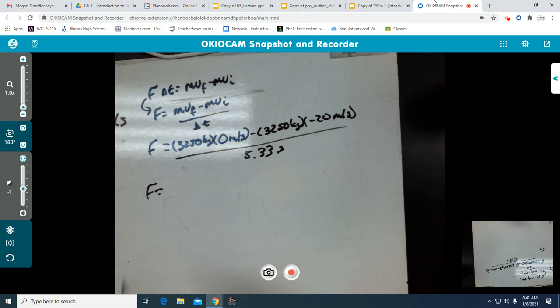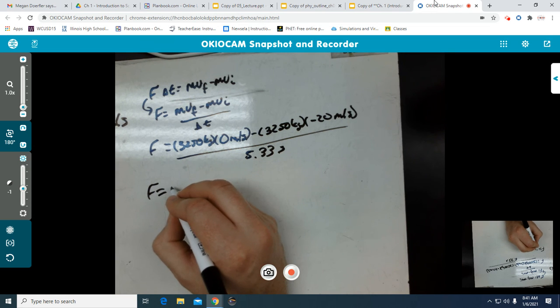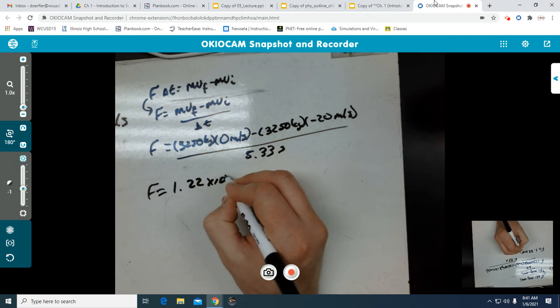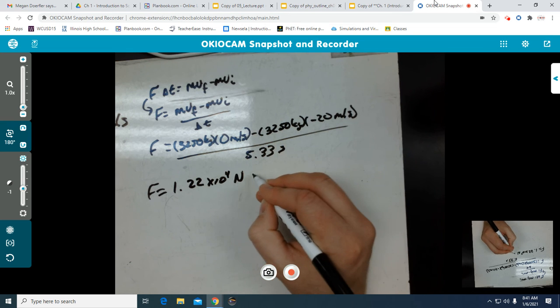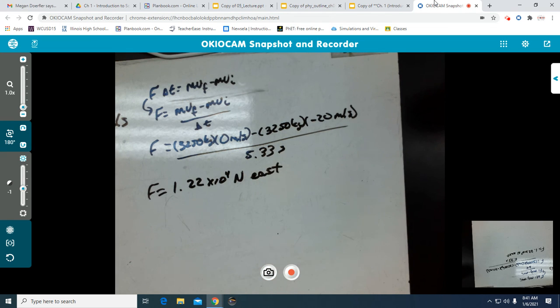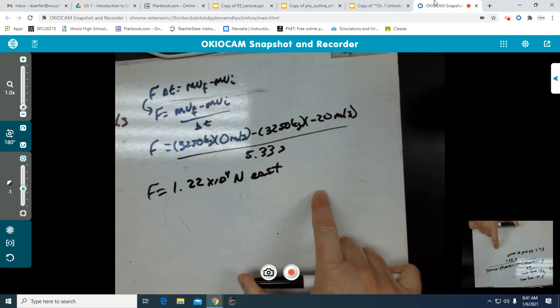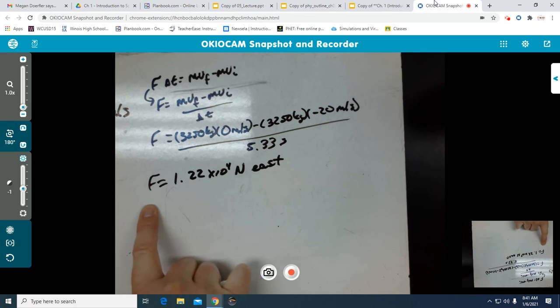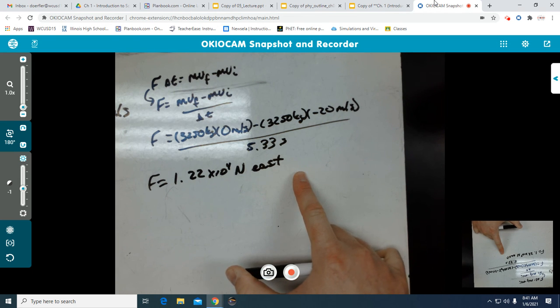Go ahead and pause the video if you want to, but you should have 1.22 times 10 to the 4th newtons east when it's all said and done. The reason it's to the east is because in the original problem, the car was traveling west and the force must be acting in the opposite direction.